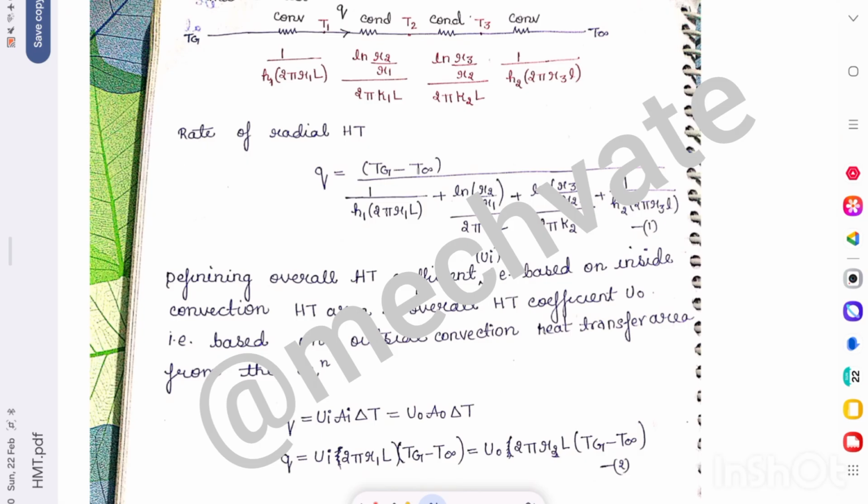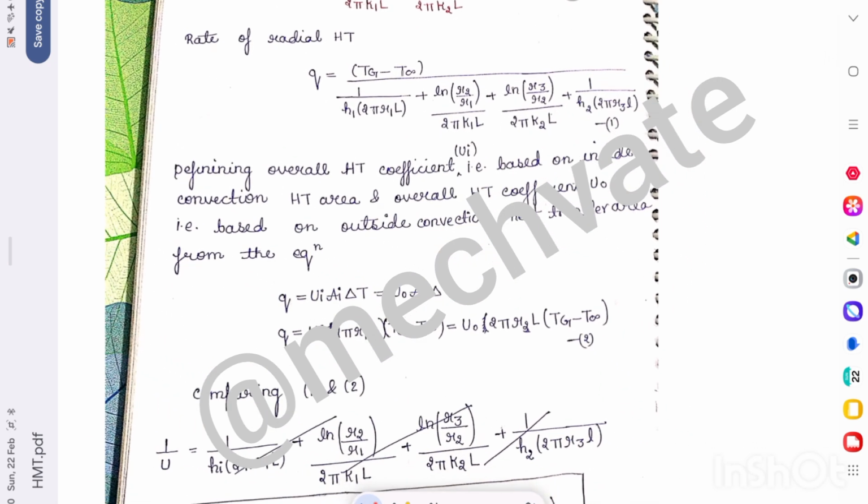In the similar way, we use the thermal circuit procedure and then the rate of radial heat transfer. This is the formula. Defining the overall heat transfer coefficient U i based on the inside convection heat transfer area and the overall heat transfer coefficient U naught based on the outside convection heat transfer area from the equation.